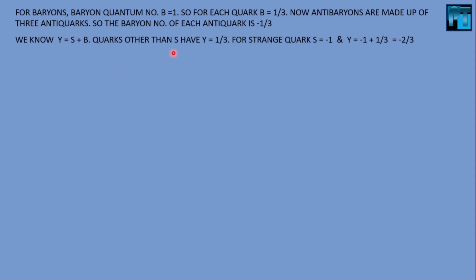So other than strange particles, we have y equal to b. So if b is 1/3, then y is 1/3. If b is minus 1/3, then y is minus 1/3. But for the strange particles, we know their strangeness quantum number, and we can easily calculate y from them. For example, for the particles that have s equal to -1, we have y equal to -1 plus 1/3, for a baryon, minus 2/3.